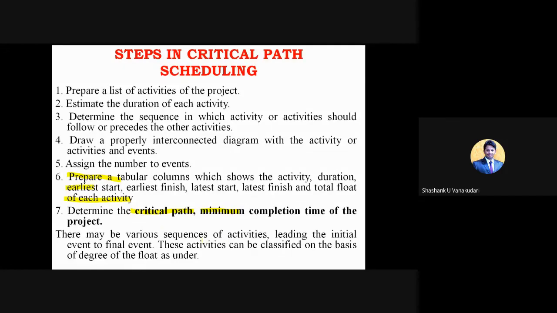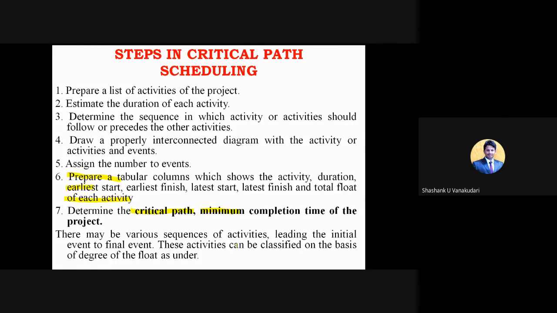And then these activities can be classified on the basis of degree of float as under. Float is nothing but the time gap between one path and the other path. In the previous class, we have seen one path which was considered 35 days, and one more path, it is 83 days. I mean, the time gap between one path and the other path.